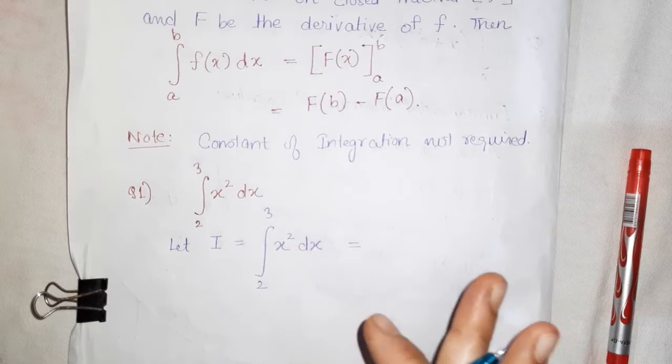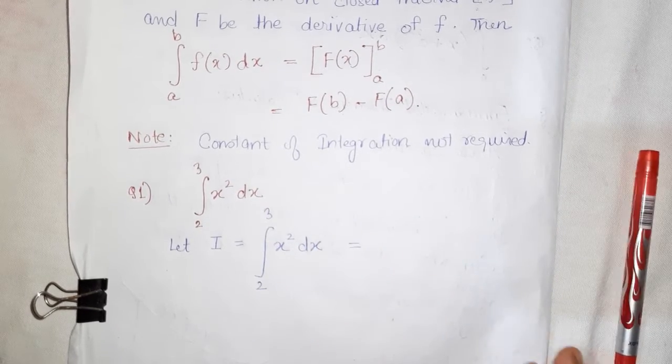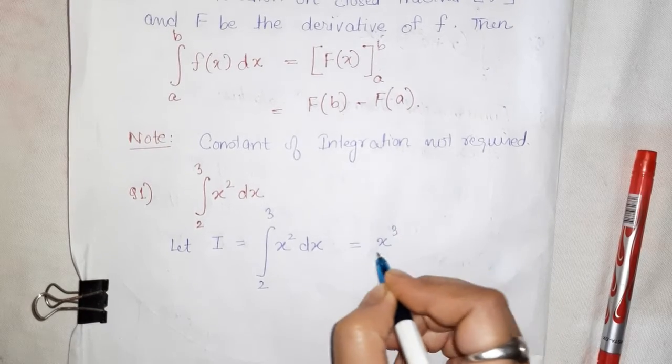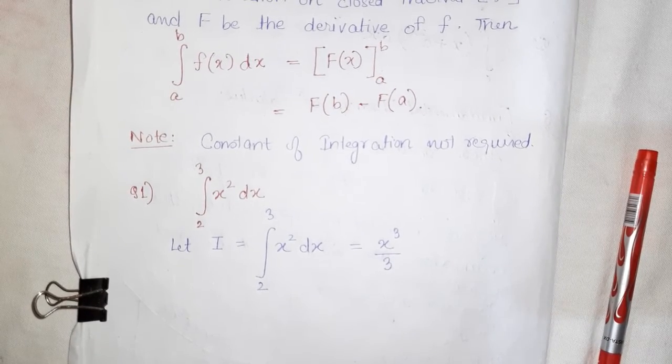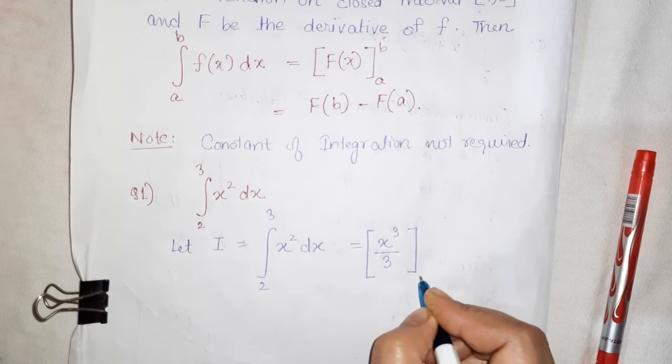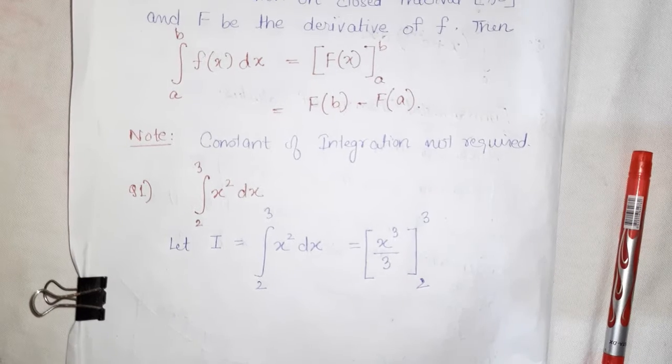Leave the limits aside, just do a simple indefinite integration as you have done before. The integration of x square is x cube by 3, and we don't need the constant of integration. Now we put the limit 2 to 3.